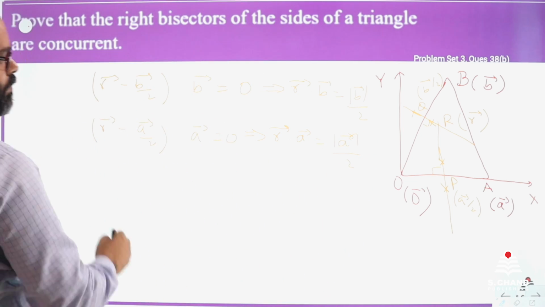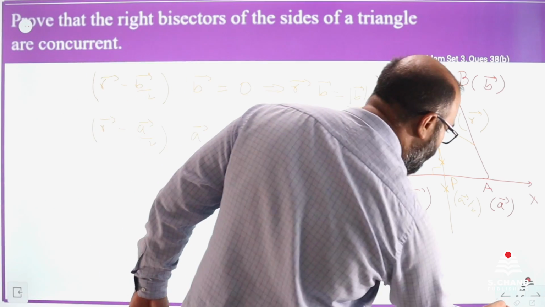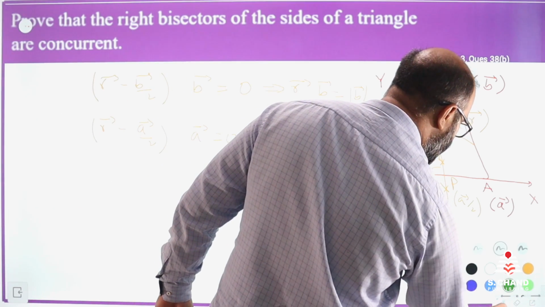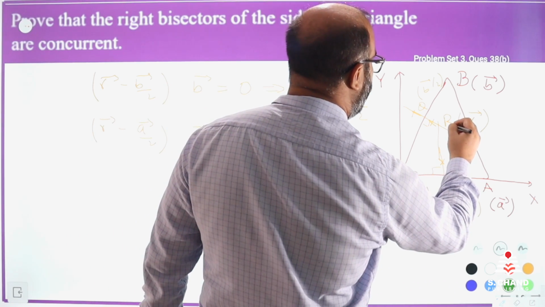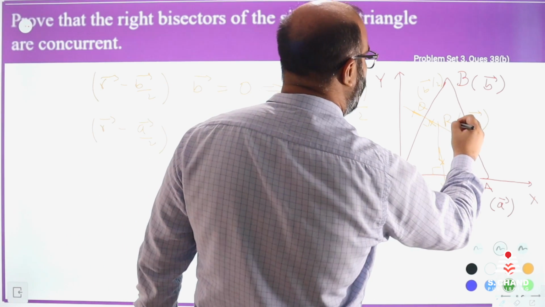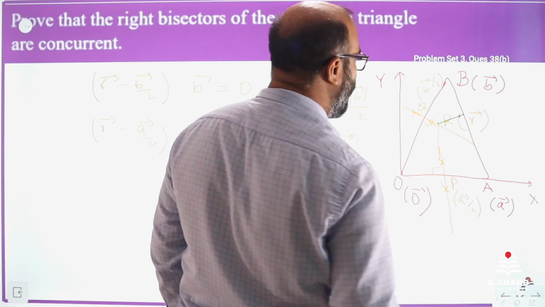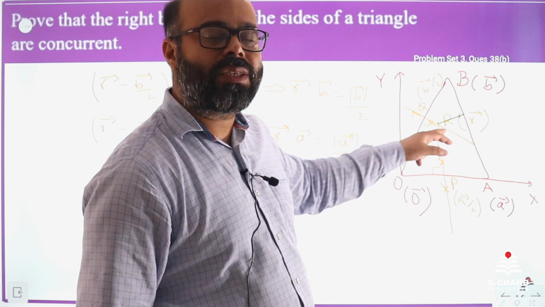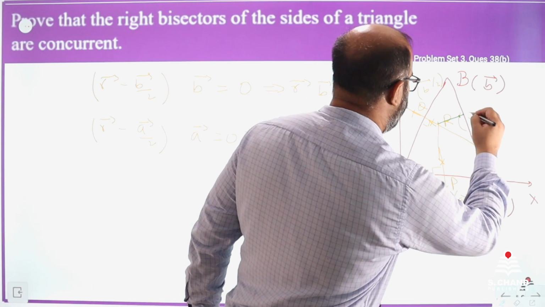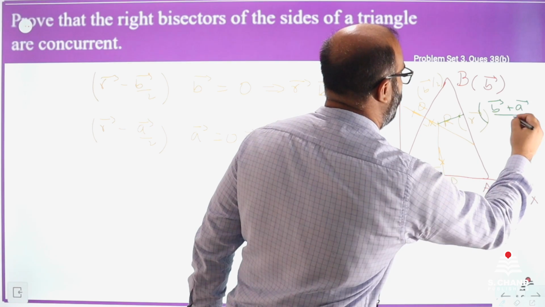Now we have the third condition. The third condition says that we have another perpendicular bisector which is passing through R. If we take a bisector and we can prove that it is perpendicular to this third line, then it is also passing through R. So let us take this midpoint as B plus A by 2.